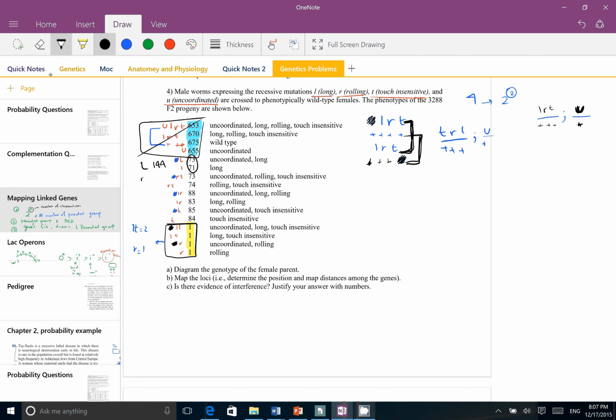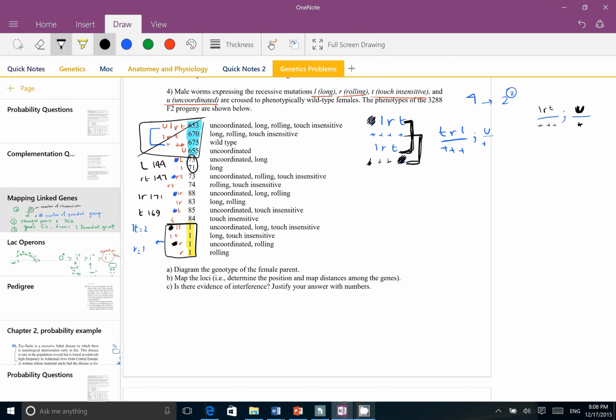For RT, the number is 147. Okay, for L R, the number is 171, right? I hope I'm doing the math right. And for T, the number is 169.